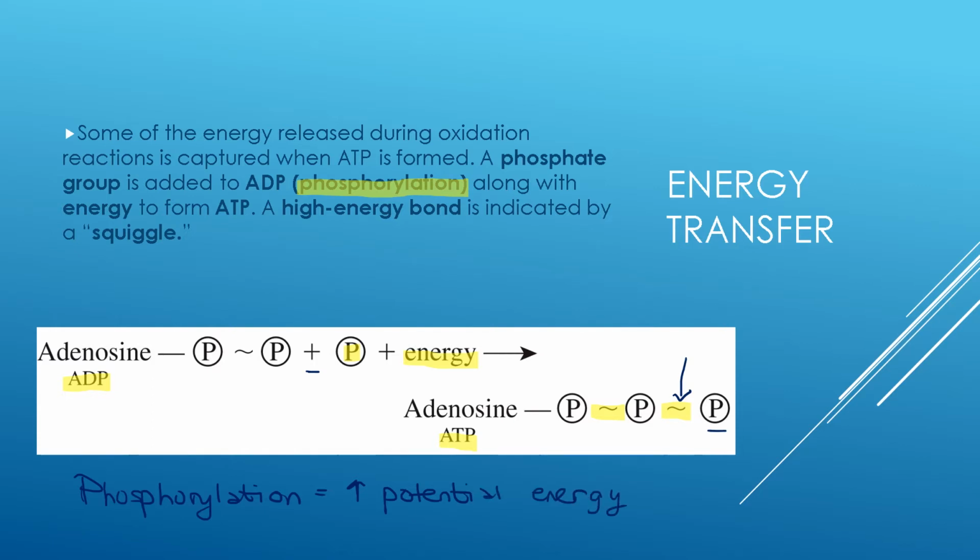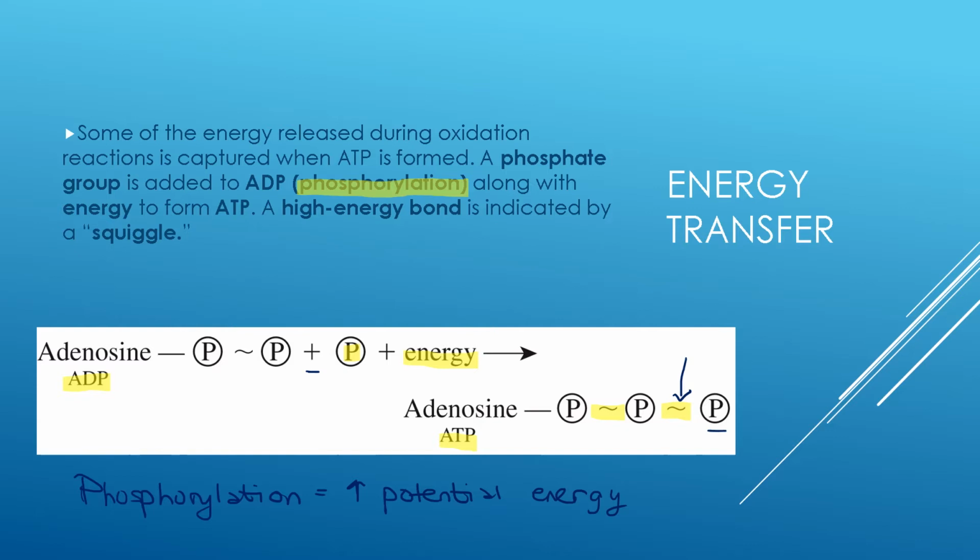So anytime we add a phosphate group to a molecule, it requires energy to add it, but once that phosphate group is added, there's additional potential energy stored within that molecule, and we can use the energy stored in the bond holding the phosphate on to power other reactions.